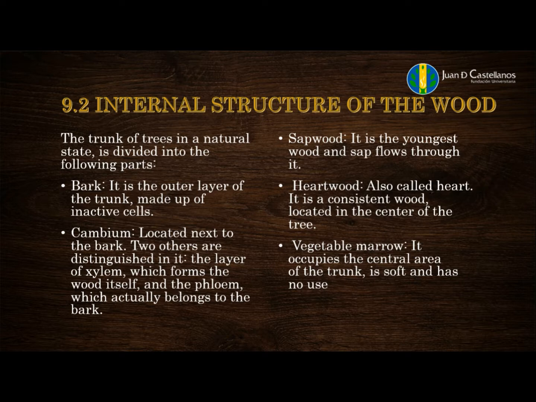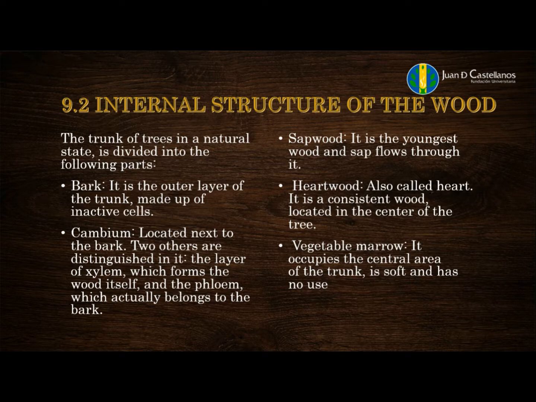Bark is the outer layer of the trunk, made up of inactive cells. 2. Cambium, located next to the bark. Two others are distinguished in it: the layer of xylem, which forms the wood itself, and the phloem, which actually belongs to the bark.